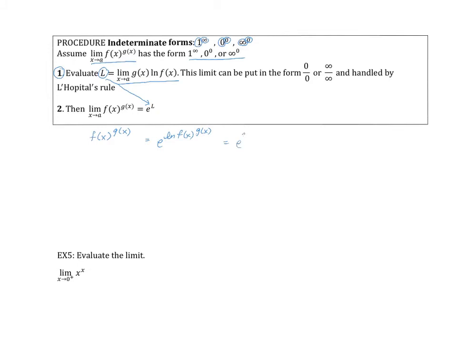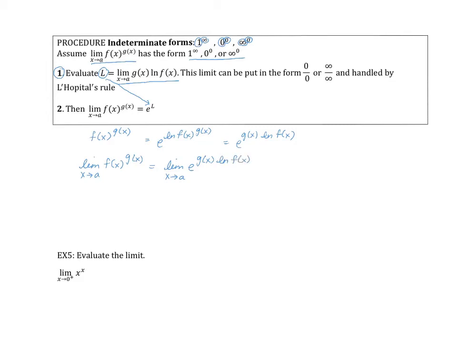So this is e to the g of x times the natural log of f of x. So if I were to take the limit as x goes to some value a of f of x to the g of x, it's going to be equal to the limit as x goes to a of e to the g of x natural log of f of x.